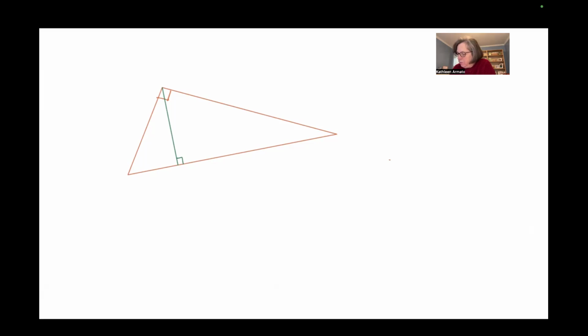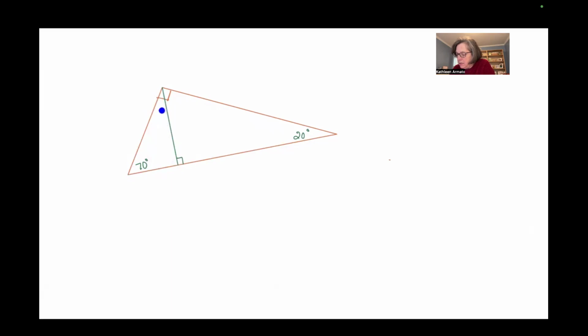So if my original right triangle, if this was 20 degrees, say, and this was 70 degrees, looking at the big right triangle, these would have to add to 90 because this angle's 90 and they have to all add up to 180. Now looking at this right triangle, since I made this perpendicular to the hypotenuse, this is a right triangle as well.